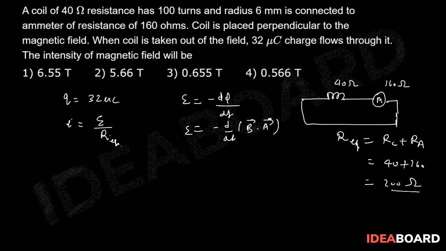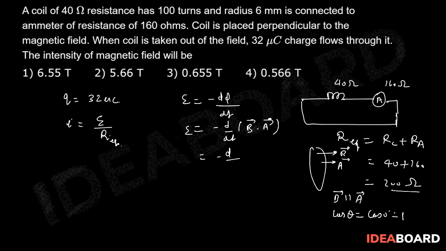So if this is the plane of the coil, then the perpendicular magnetic field will be like this only, and the area vector will also be like this. So B and vector A have the parallel direction, which shows the angle theta is 0, and cos 0 will give you 1.